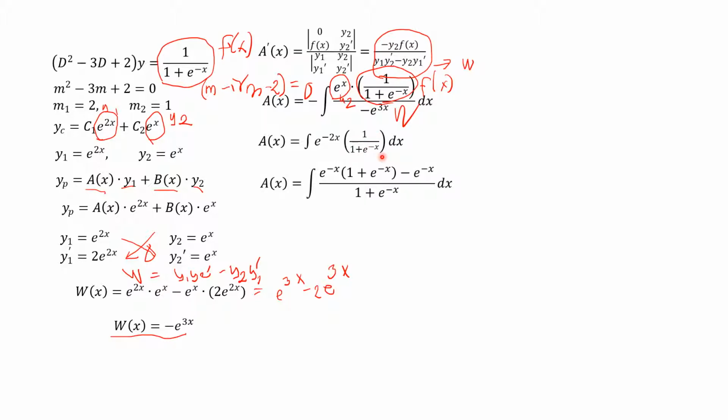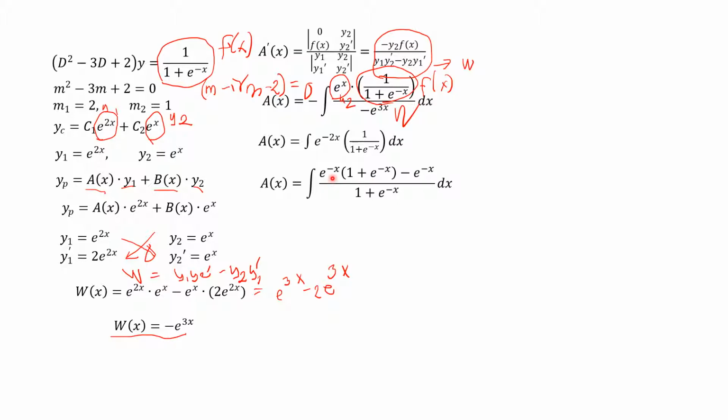Now, because the degree of the numerator is bigger than the degree of the denominator, we have to use this technique. Factor e to the negative x, then that is 1 plus e to the minus x.